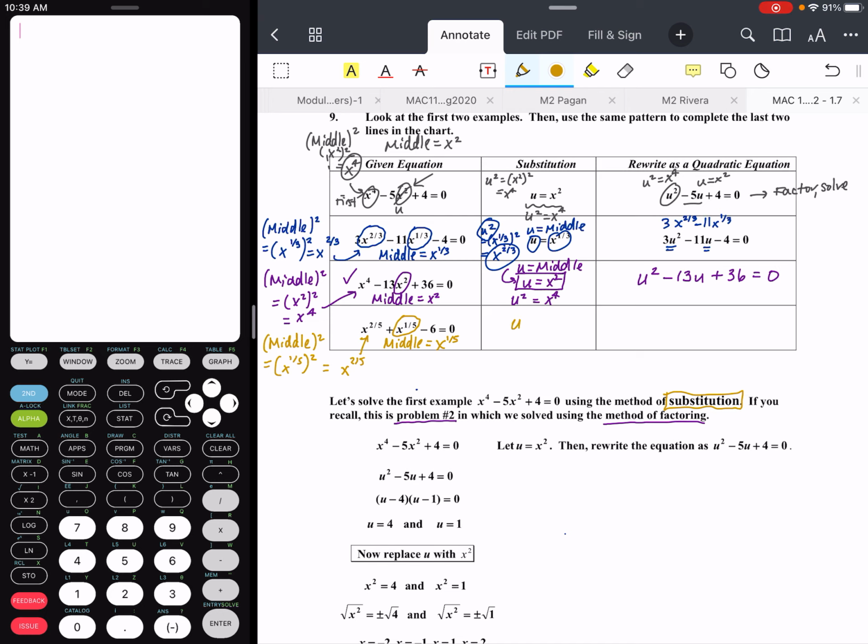So I can set u equal to my middle variable, which is x to the 1/5. And by the way, if I square u, which I basically did over here, u squared would be x to the 1/5 squared. That's going to give me x to the 2/5. So u equals x to the 1/5, but it's also a fact that u squared equals x to the 2/5. So where I had x to the 2/5 before, that's now u squared, plus x to the 1/5 is now plus u minus 6 equals 0.